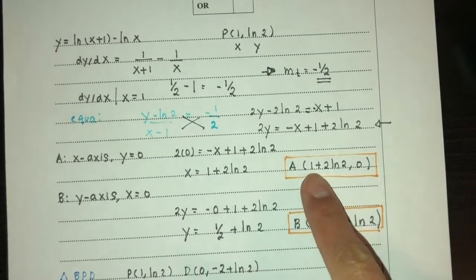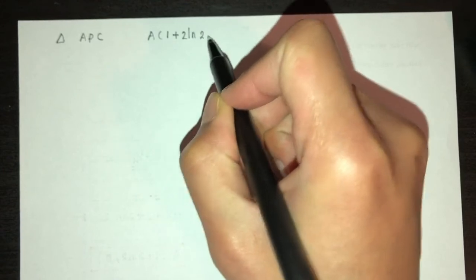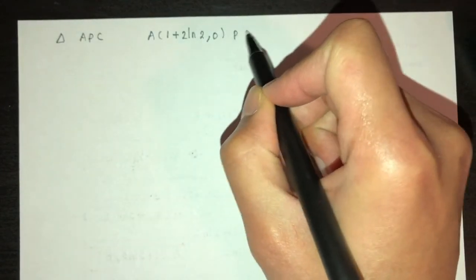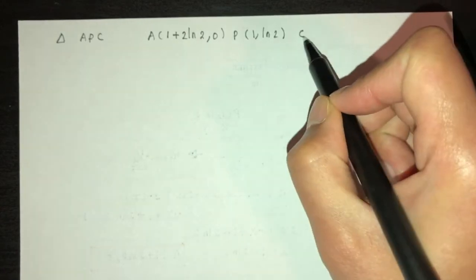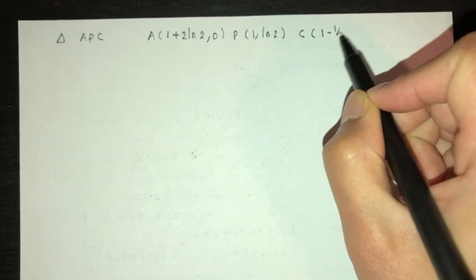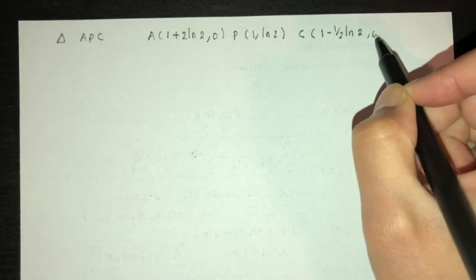Let's see what is A again. A was given by 1 plus 2 ln 2, 0. So let's write this down: 1 plus 2 ln 2, 0. And the point P has been given to you by 1, ln 2. And C has been given to you by 1 minus half ln 2, 0.